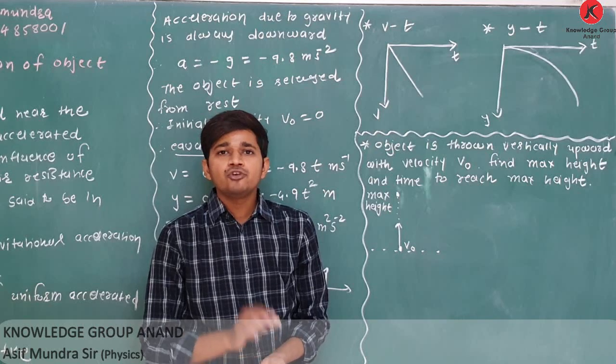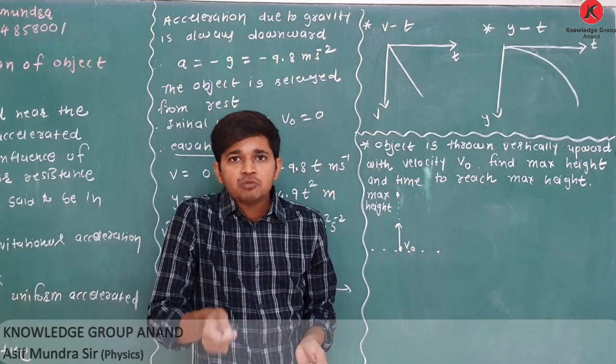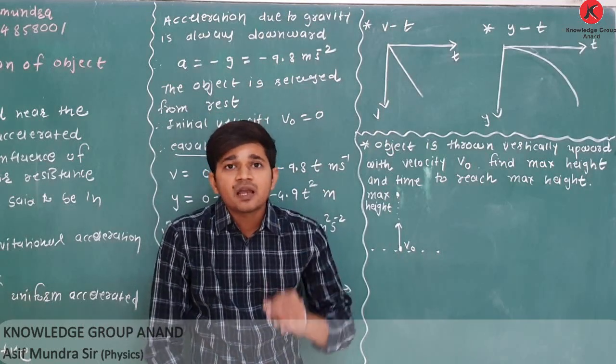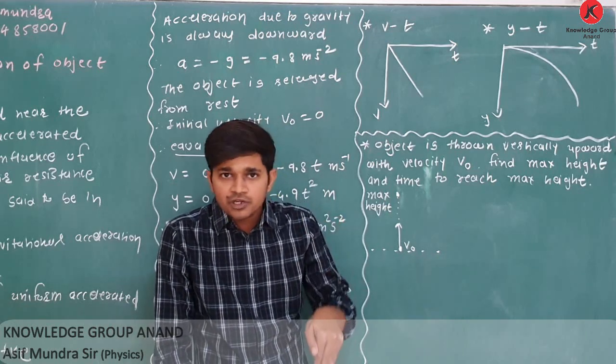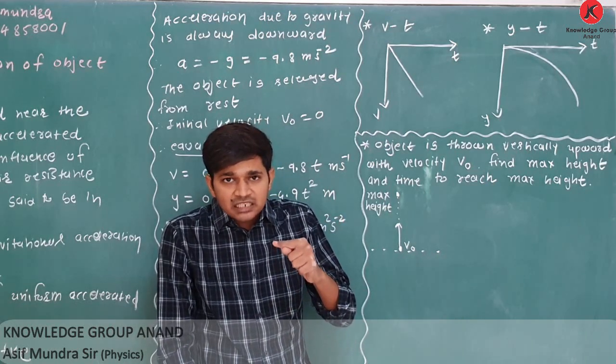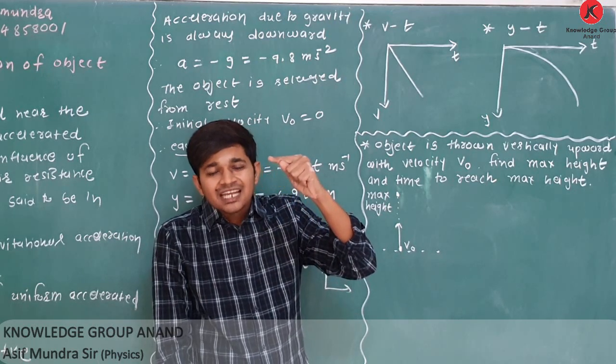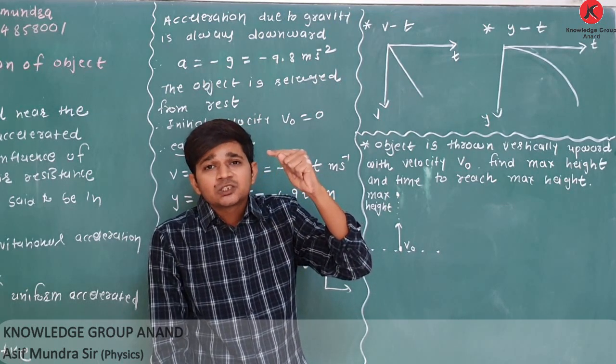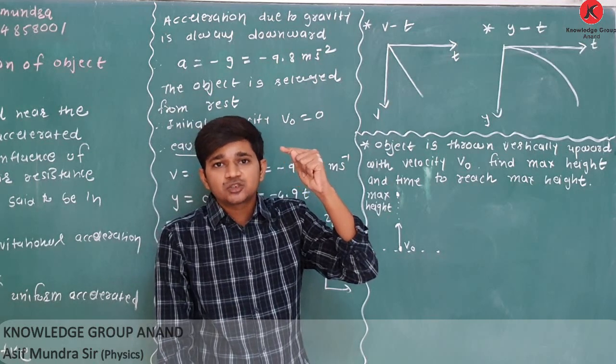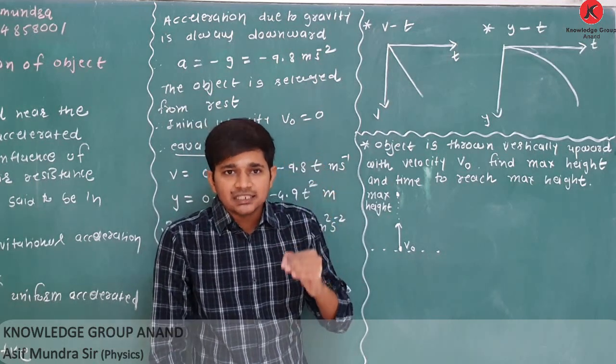Now see, if you throw any object in upward direction, gravitational force is acting in downward direction. So as the object is moving in upward direction, its velocity, its speed decreases.